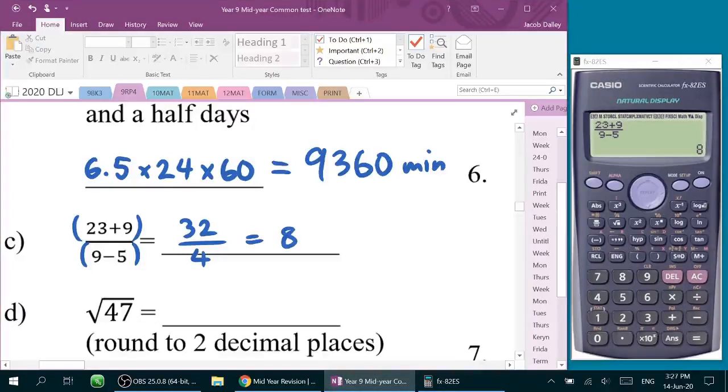Square root of 47, round to 2 decimal places. Let's do that. So on your calculator, this button here is your square root button, so we'll hit that and type in 47 and hit equals. So this is quite often what happens on most calculators. It doesn't actually express it as a decimal right away. So what you want to do is hit this S to D button.